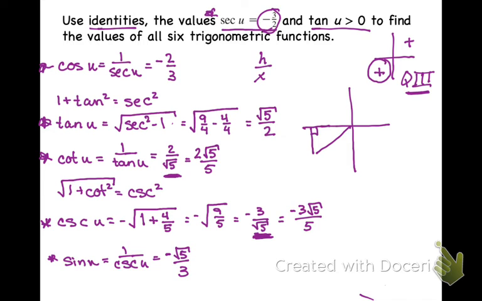So it was negative 2, 3. So this would be 9 minus 4, the square root of 5. And is that what we have with all those ones? Square root of 5. So the sine would be the square root of 5 over 3, and it'd be negative. Oh, I forgot my negative there. So I can check it that way.